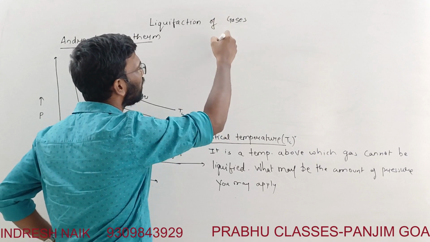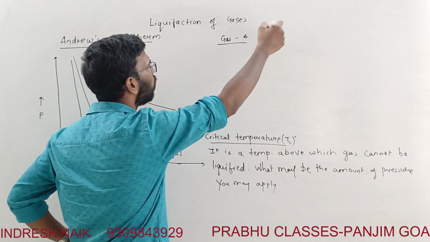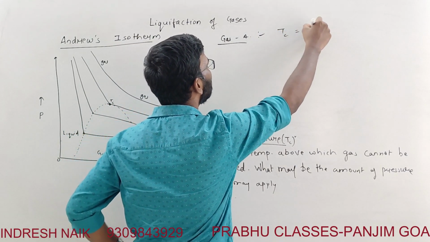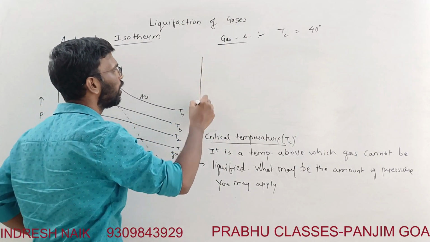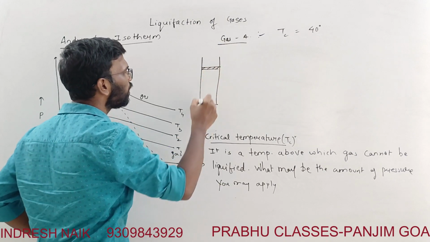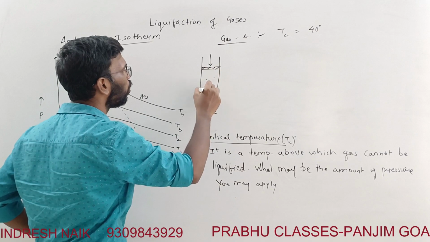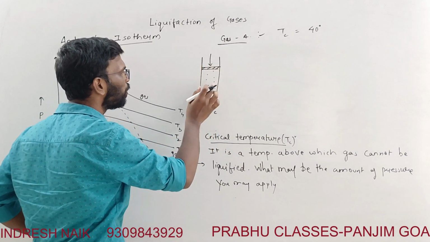Let's say there is a gas A whose critical temperature, TC, is 40 degrees Celsius. You take the gas in a container whose temperature is 20 degrees Celsius and put pressure on it. What will happen once this piston comes down?